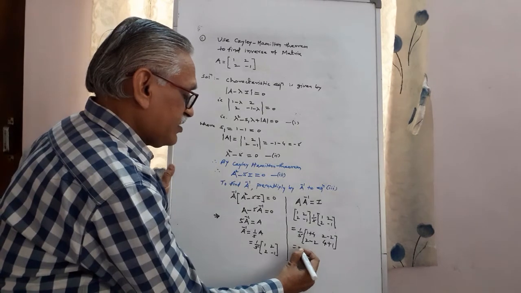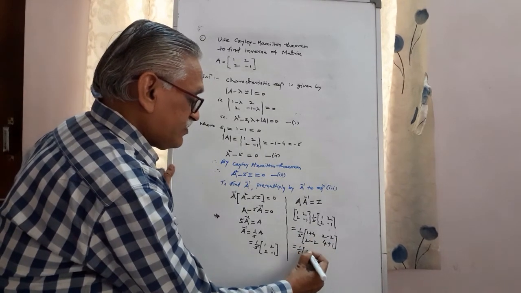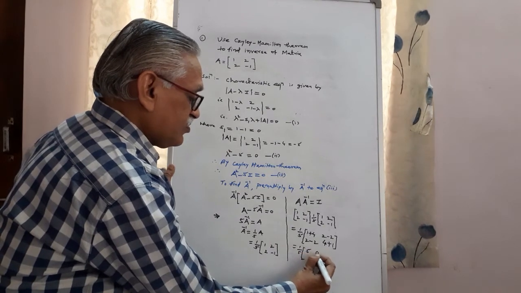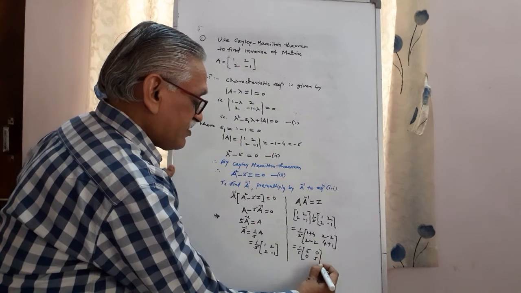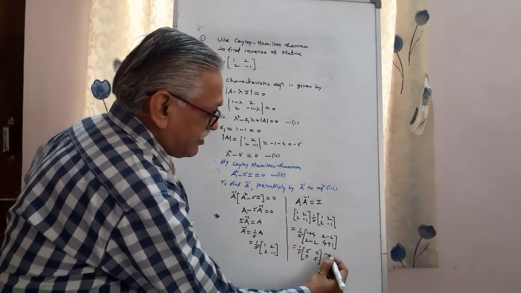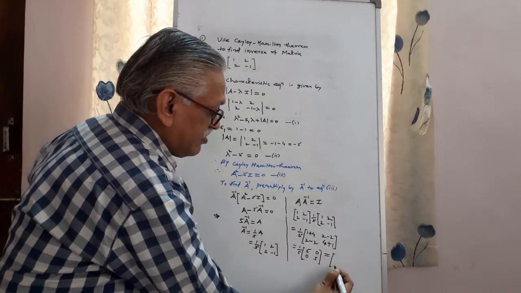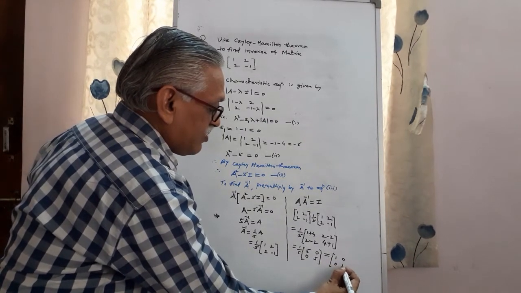Therefore it is 1 by 5 times [[1 plus 4, 0], [0, 5]], and if we multiply by 1 by 5 inside, we get the product as [[1, 0], [0, 1]].